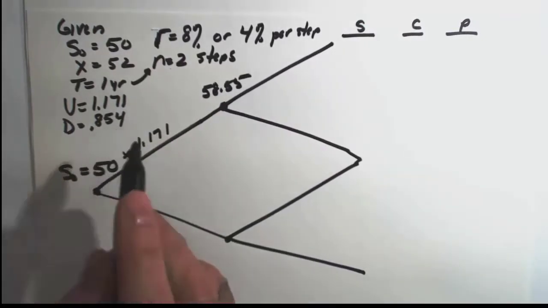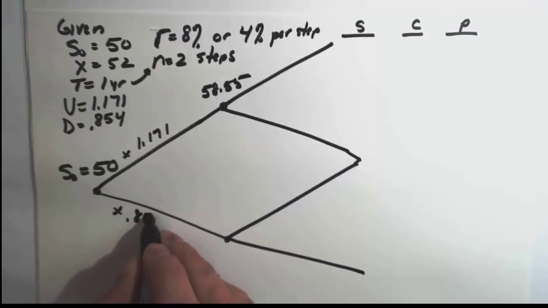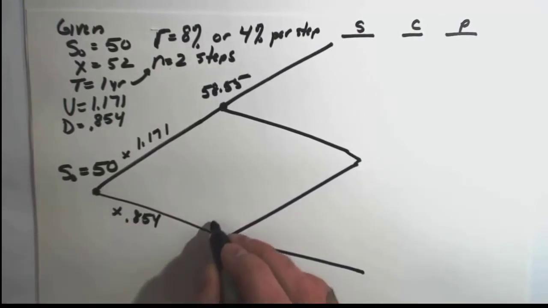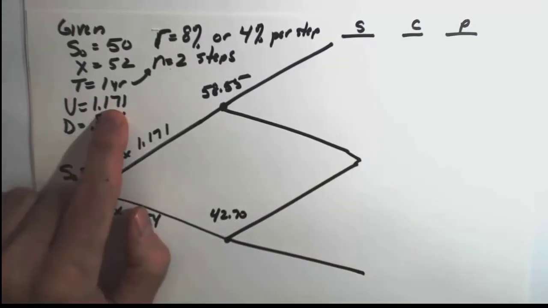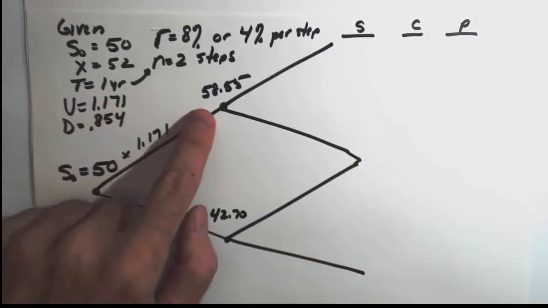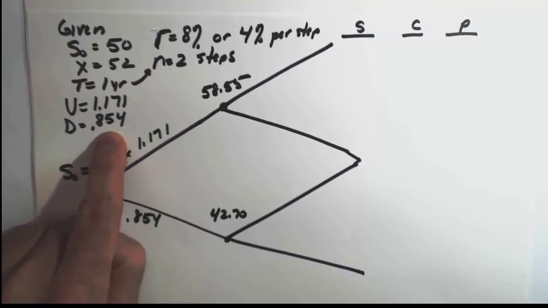Or the stock can go down, and you multiply it by 0.854. In this case, the stock would be $42.70. Keep in mind that's just the up movement, and if you take the reciprocal, 1 over 1.171, you'll get 0.854.